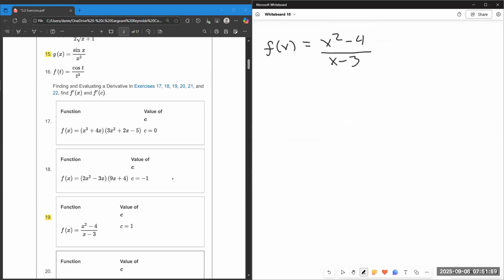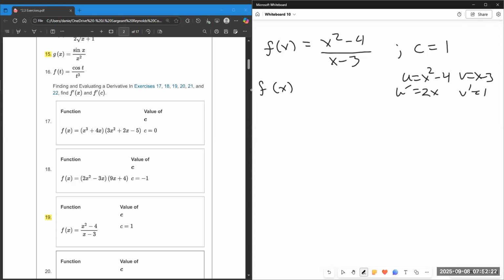There's no common factors to simplify first, given c is equal to 1. So let's identify u and v: x squared minus 4 and x minus 3, and u prime is 2x and v prime is 1.